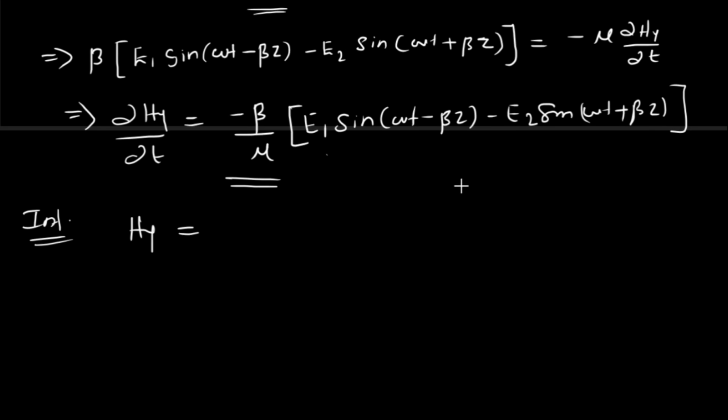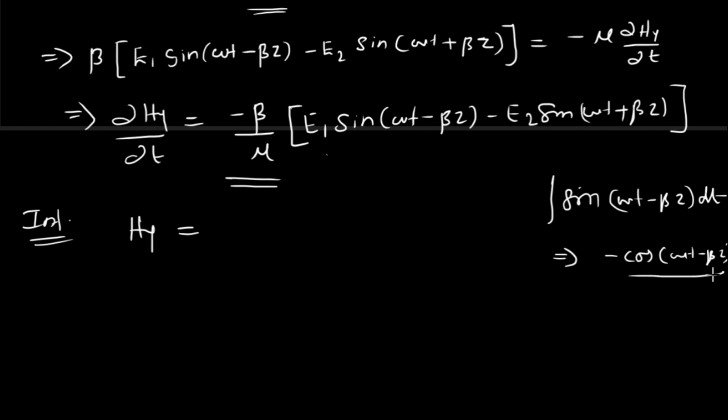I'll write one step so that it will be helpful for slow learners. The integral of sin(omega t minus beta z) with respect to dt gives minus cos(omega t minus beta z) divided by omega, because I am integrating with respect to t, so omega acts as a constant. Similarly, the other gives minus cos(omega t plus beta z) by omega.